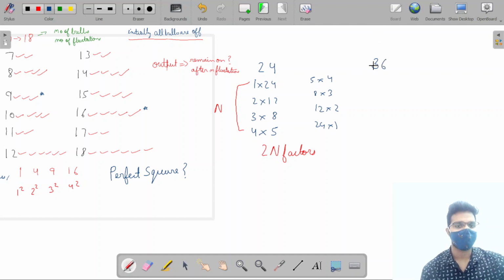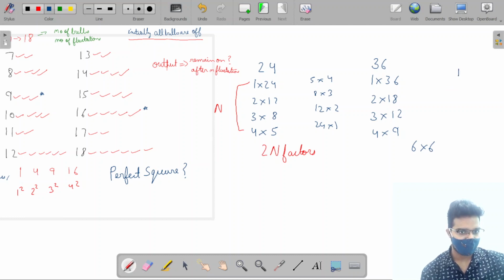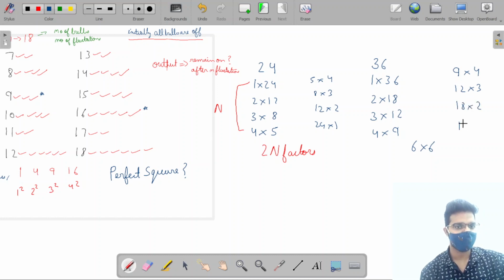Now let's calculate its factors. So 1 into 36, 2 into 18, 3 into 12, 4 into 9, and what else? 6 into 6. Then 9 into 4, 12 into 3, 18 into 2, and 36 into 1.